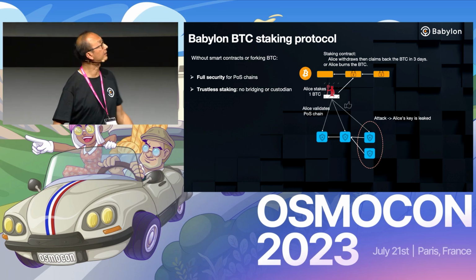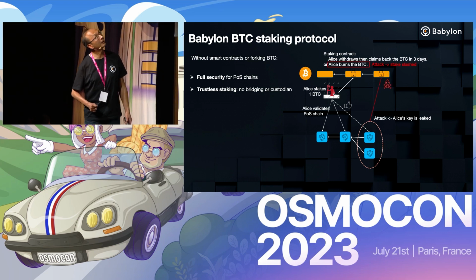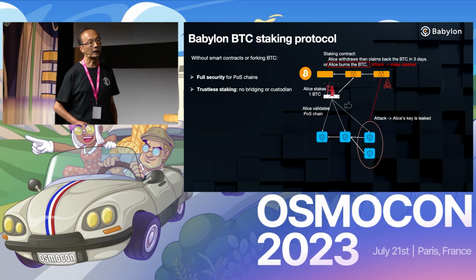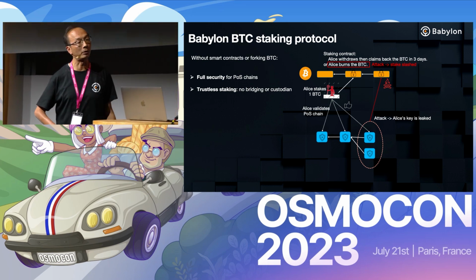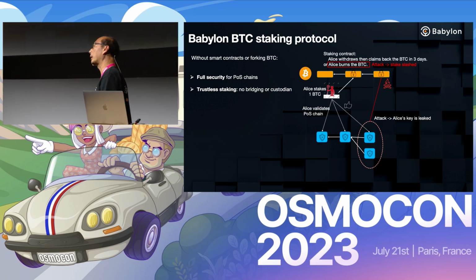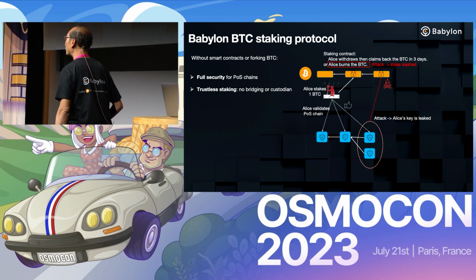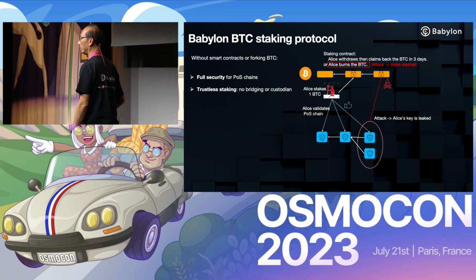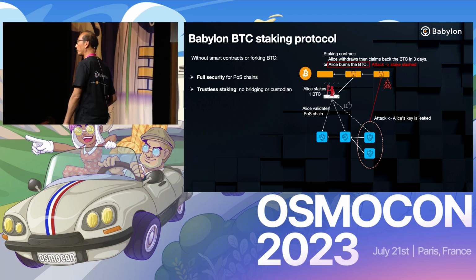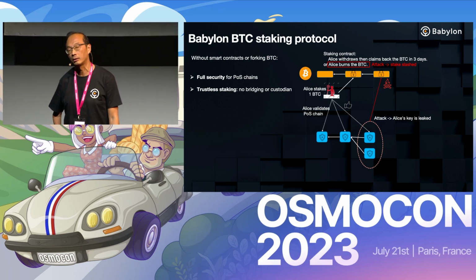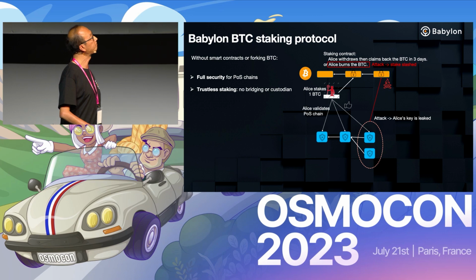Once this key is leaked, Alice can no longer withdraw, because now anybody with that private key can force the second path, which is to burn the BTC into a burn address.